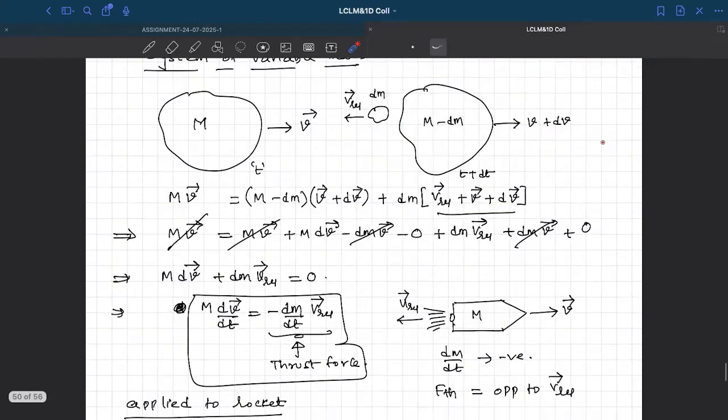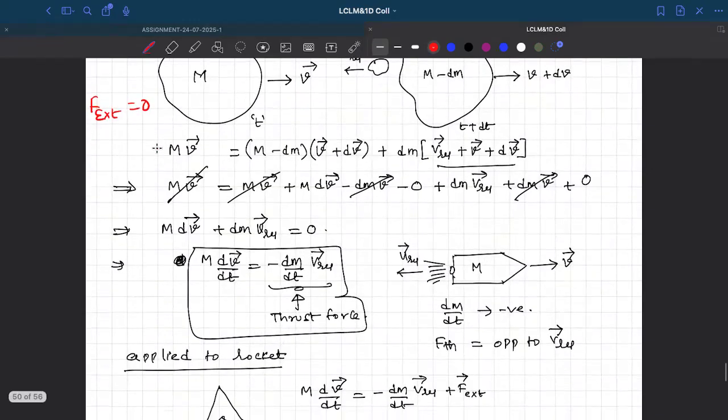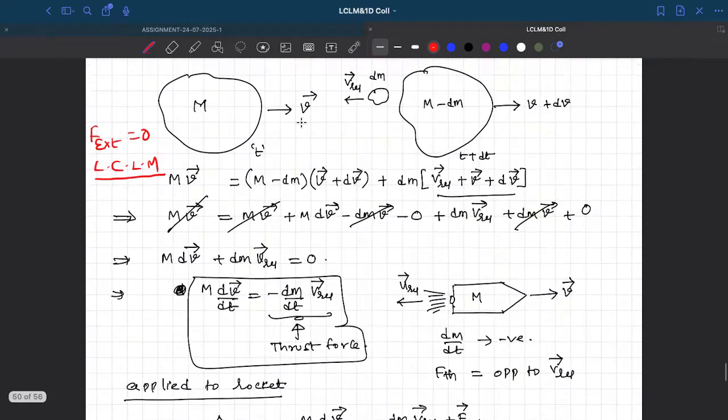Now, there is no external force in this. F external is 0 in this situation. Right. Now, I am applying the law of conservation of linear momentum here. So m v bar is the initial momentum.